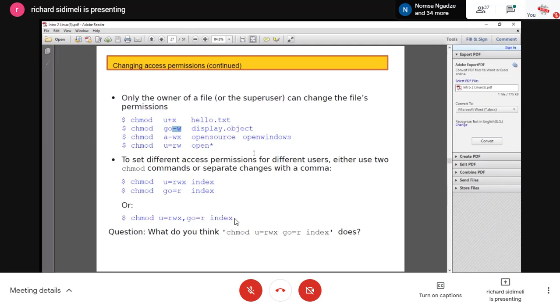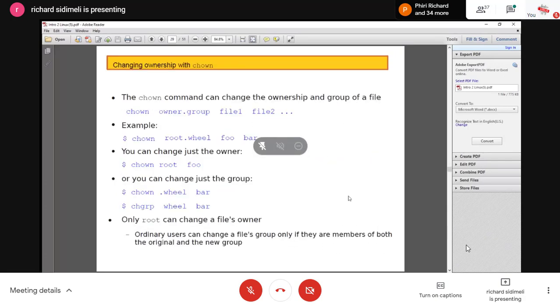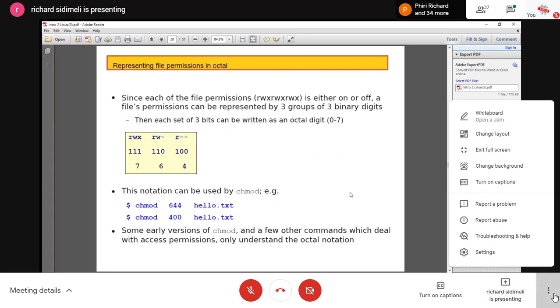I would want to demonstrate this in practical terms, and you guys must get to understand. This equal one we will demonstrate next week. These things are best demonstrated on a practical machine.